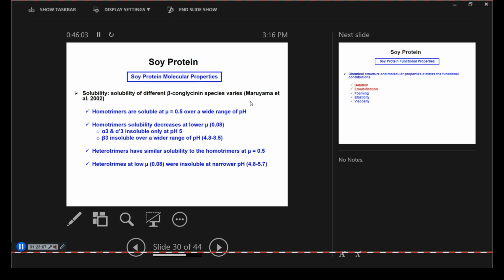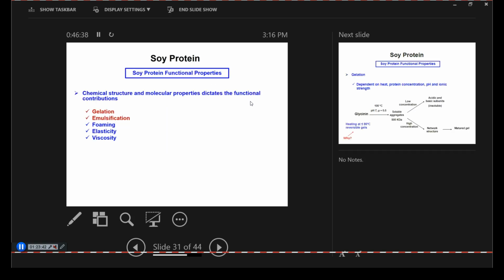The other important point I want you to know, not necessarily numbers, is that a homotrimer versus a heterotrimer could be different in how they are impacted by ionic strength as well as pH. That's all. Just know that there could be a difference between a homotrimer and a heterotrimer, and pH and ionic strength impact their solubility.